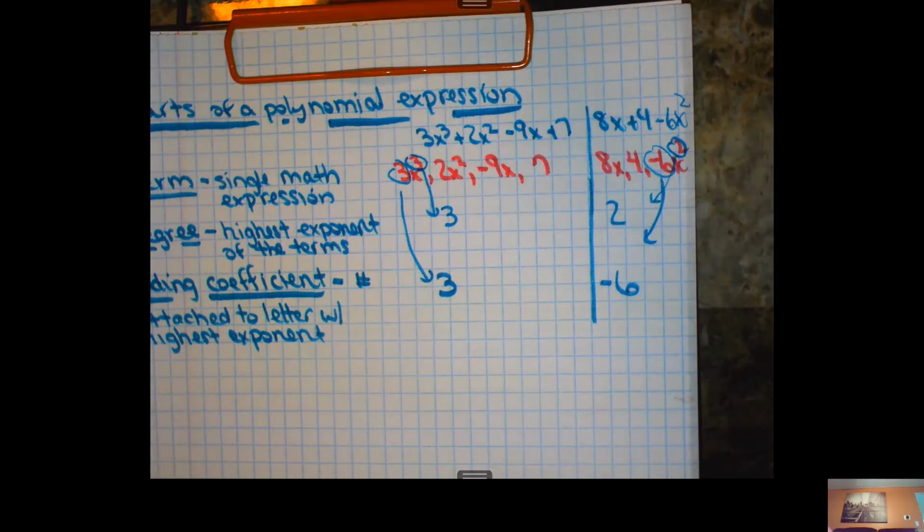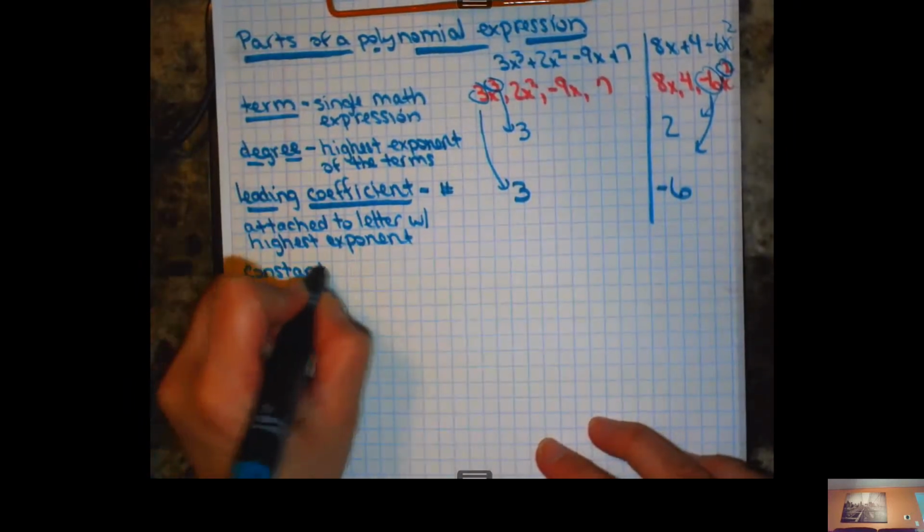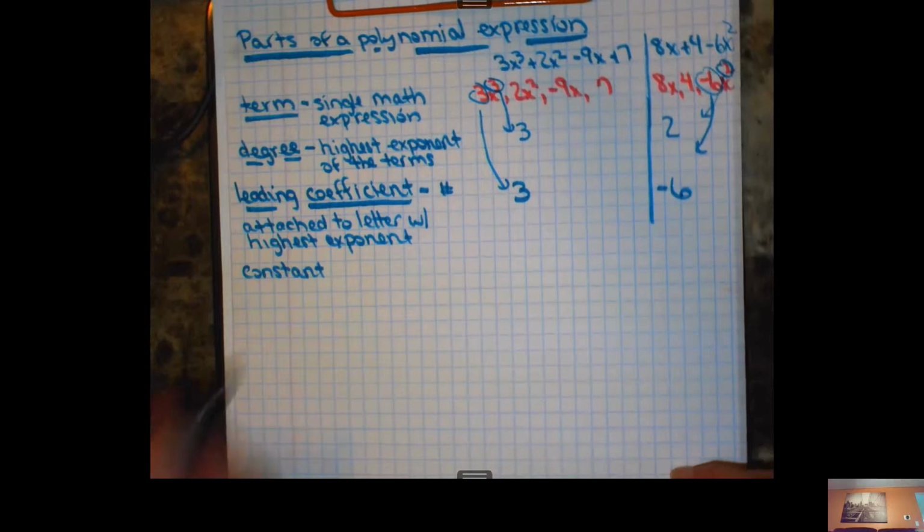Two more. Constant. I'm going to move this over. Probably change it up a little bit. Our constant is next. That's just a number without a variable. So the term with the number without a variable.